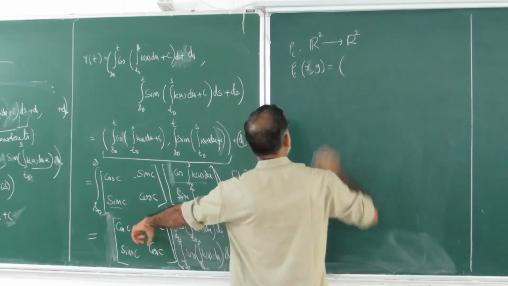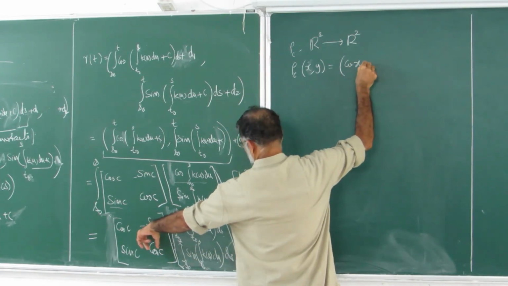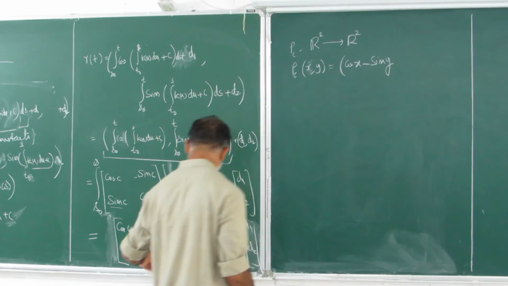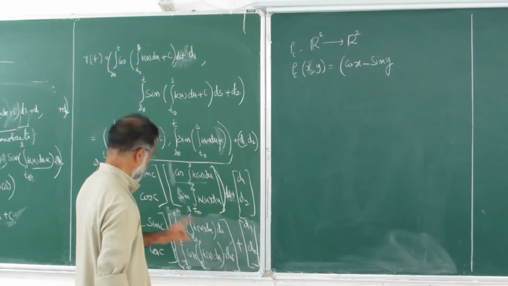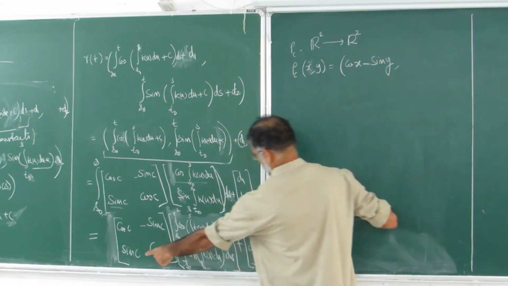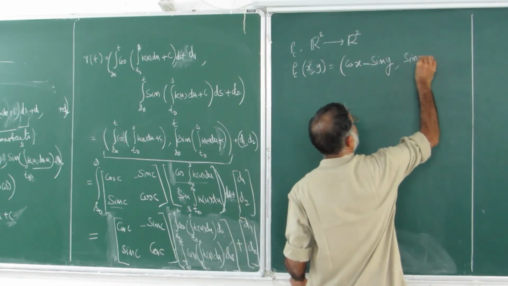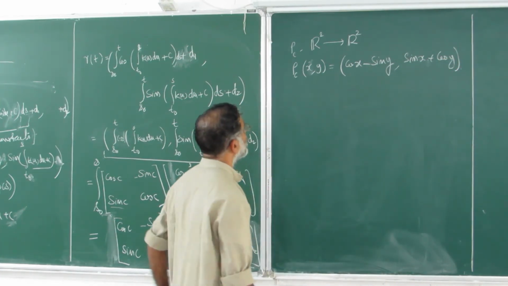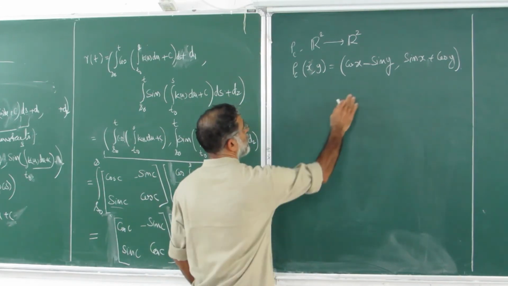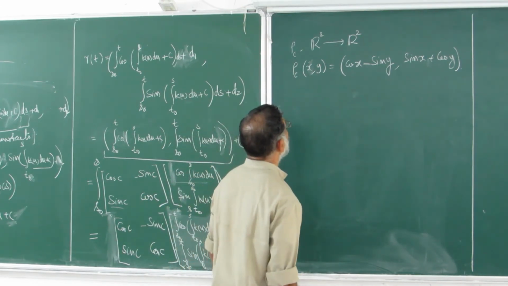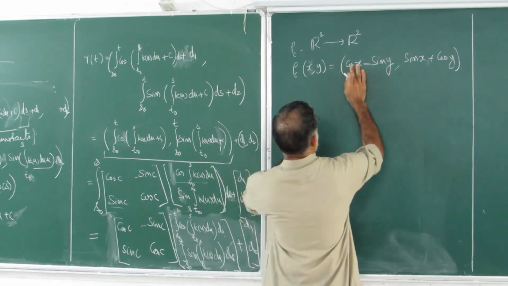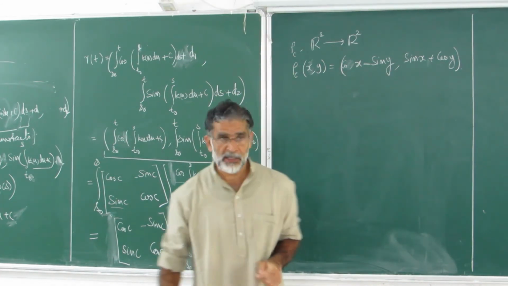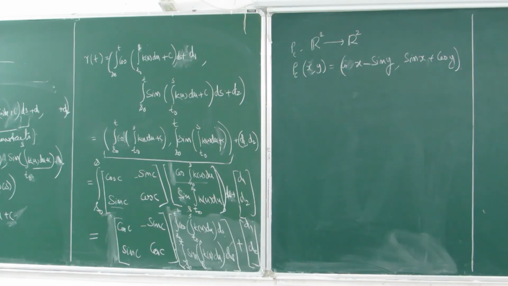It is defined here: cos x minus sin y, and the second quantity is sin x plus cos y. This is nothing but rotation by... It should be x cos c, no? Oh, I'm sorry, yes. X times cos c is the best way of writing.